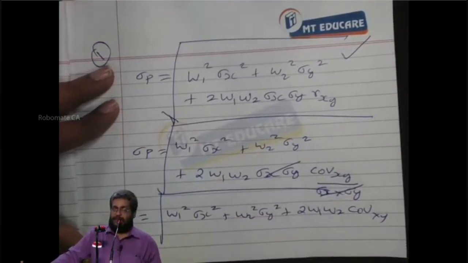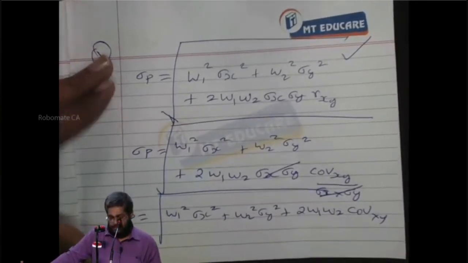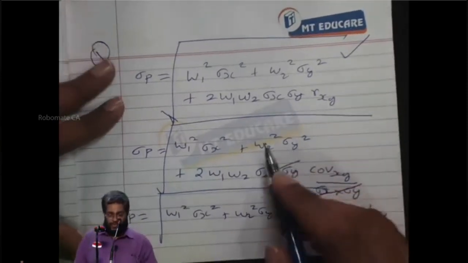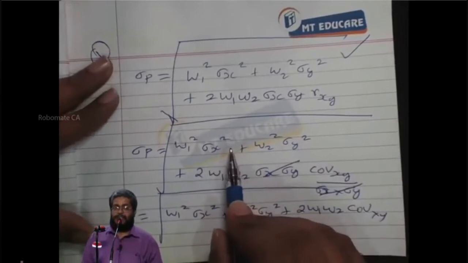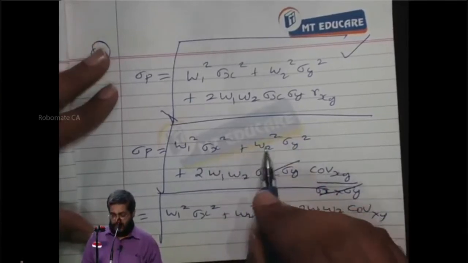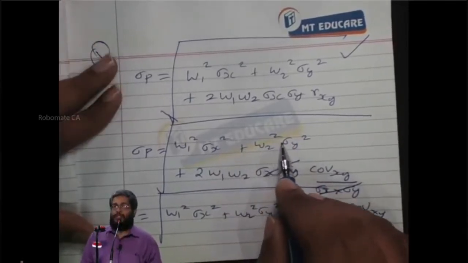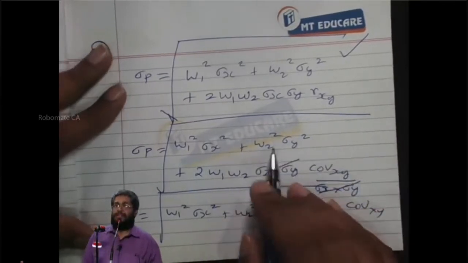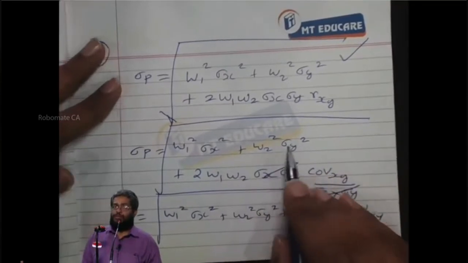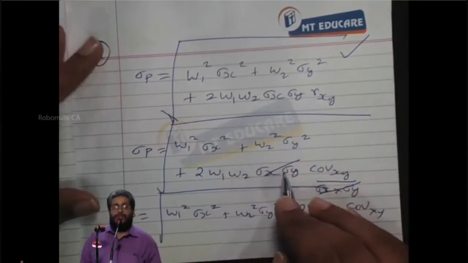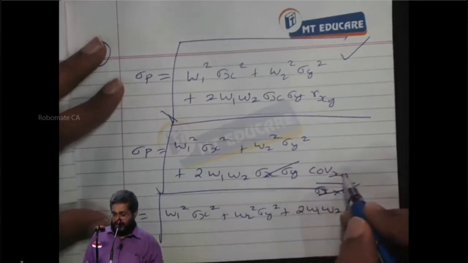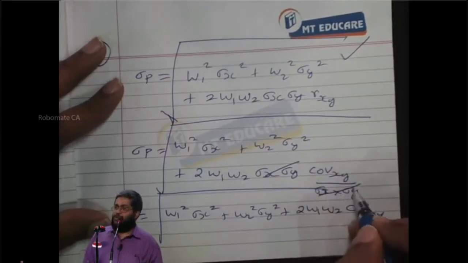Can I proceed? Next, sigma P is equal to W1 square sigma x square plus W2 square sigma y square plus 2 W1 W2 sigma x sigma y into covariance of x and y divided by sigma x into sigma y.